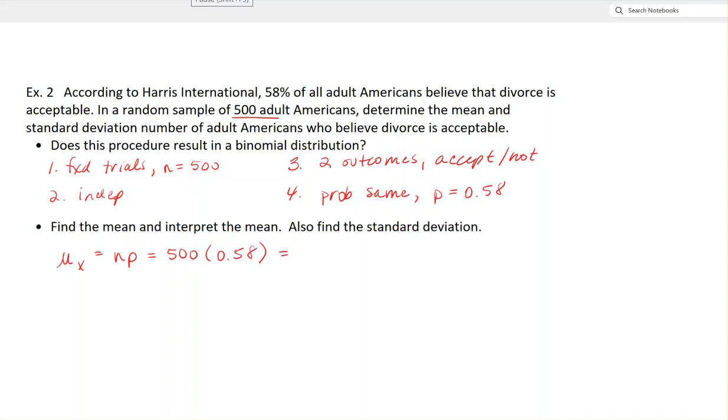Multiply those 2 numbers out, and to the nearest whole number, you should get 290.